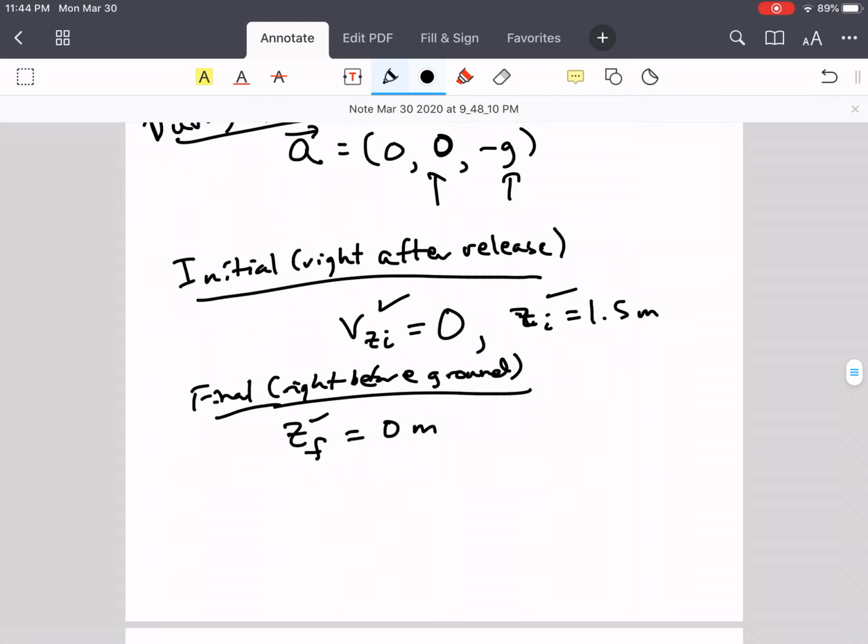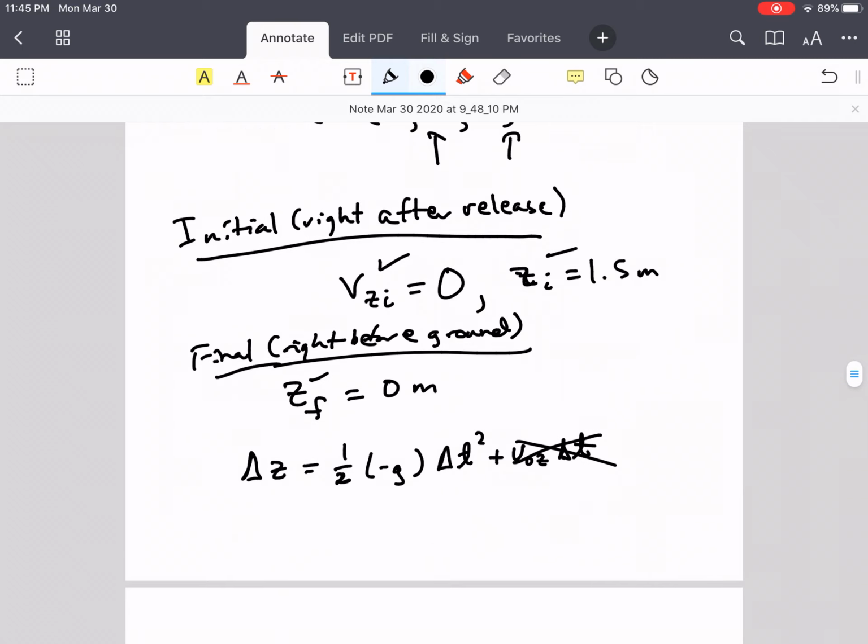In particular, I'm going to solve for delta t. The formula I'm going to use for that is delta z is equal to 1/2 linear acceleration, which is negative g, times delta t squared, plus v0z delta t. We said it had no initial velocity, so that's just 0.